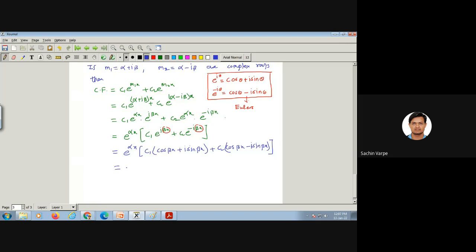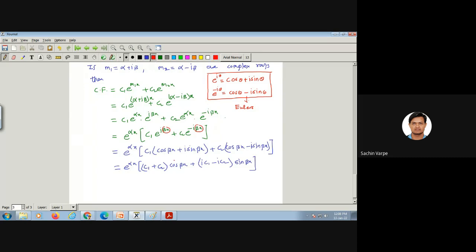So that is equal to e raised to alpha x into, I'm writing now, (C1 plus C2) times cos beta x plus (i C1 minus i C2) times sine beta x. Yes or no?